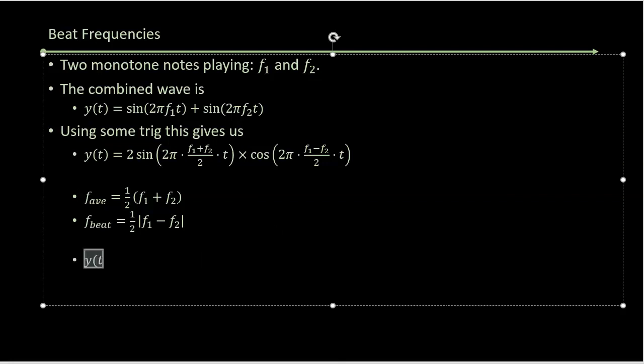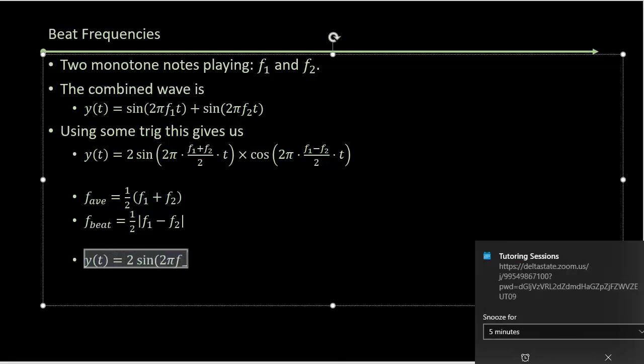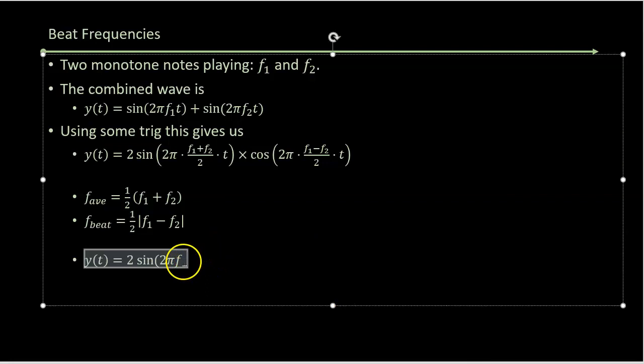And so what's that going to give me? It's going to give me a sine wave that is at the average frequency times a cosine wave that's at the beat frequency.